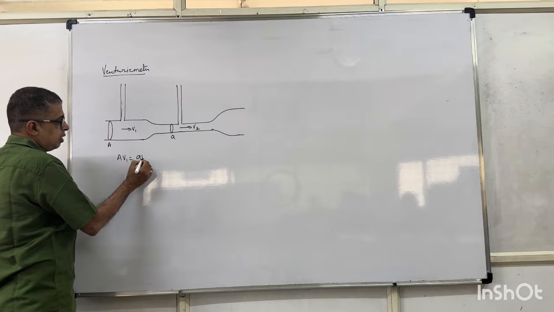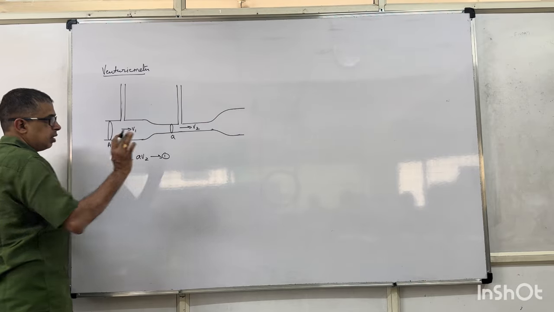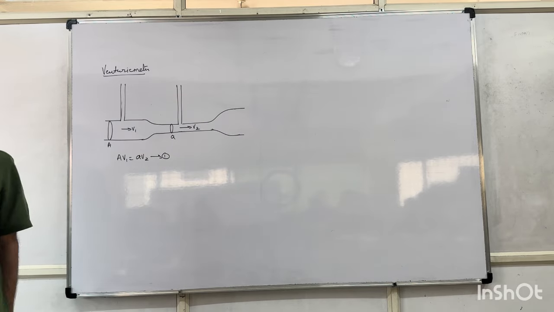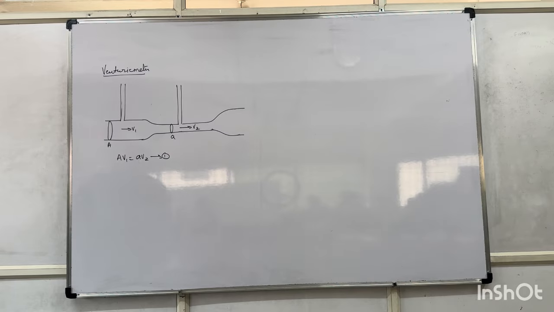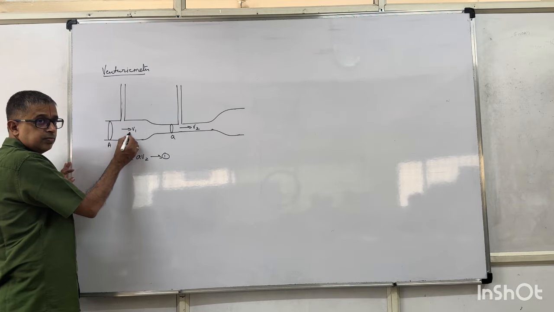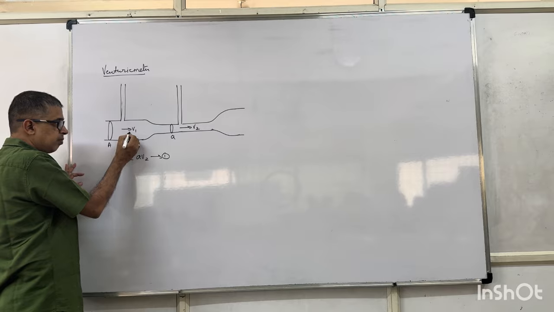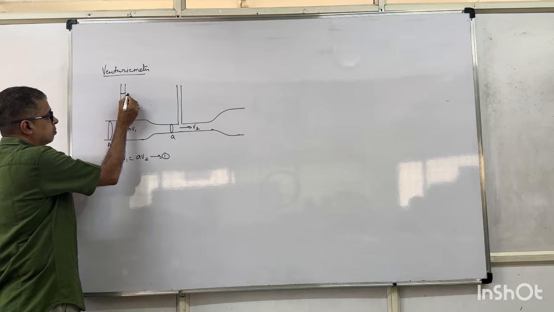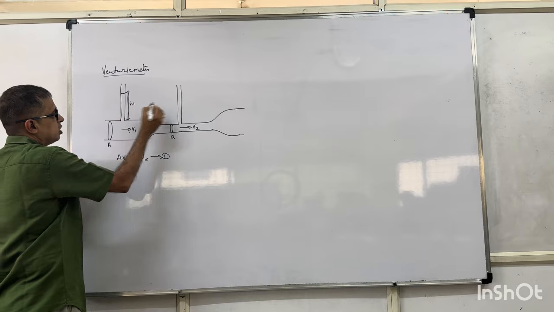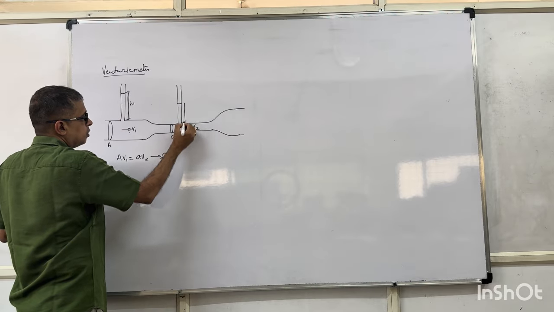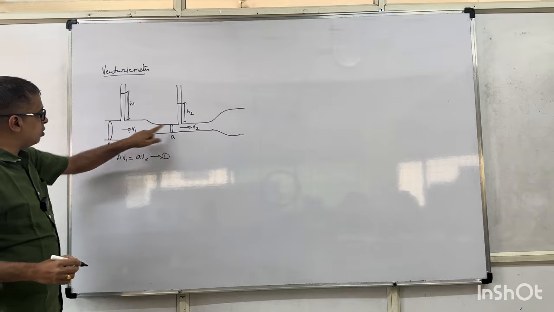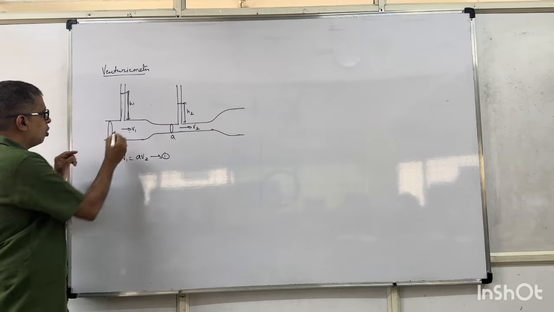AV1 is equal to AV2, first equation. Are you people okay with that? All I need to do is to calculate the velocity of the fluid flow. Capital A is greater, so V1 will be lesser. V1 is lesser implies pressure will be greater. I'll consider this to be H1, this to be H2. The difference between these two points is almost negligible.